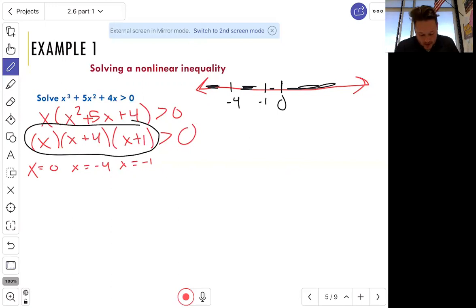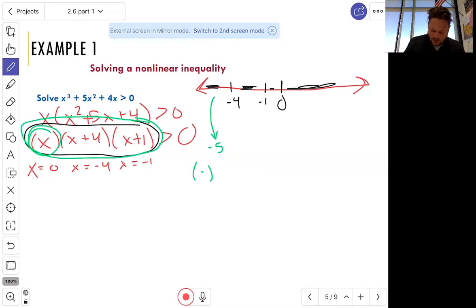So let's go ahead and get after this. Let's use green. The number I'm going to test over here is -5. If I plug -5 into the factored form, the first factor, x, gives me a negative number. I don't care about the values of the numbers. I just want to know, is it going to give me a negative number or a positive number? That's all we're really looking at for a sign chart.